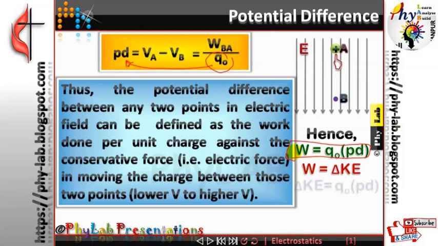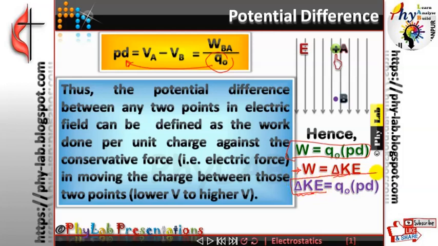Now, also remember, work done in mechanics was defined as change in kinetic energy, isn't it? So I am just putting this value as change in kinetic energy over here. So change in kinetic energy is equal to Q naught times PD.